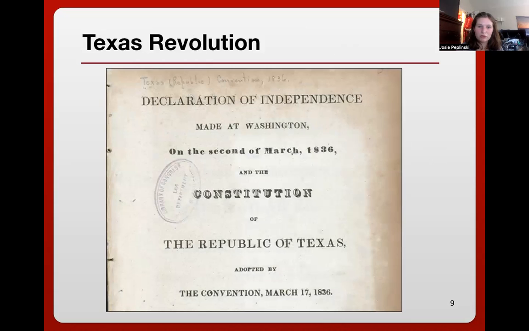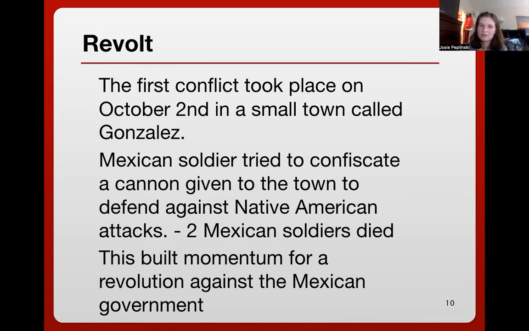The Texas Revolution. We see this Declaration of Independence made at Washington on the 2nd of March in 1836 and the Constitution of the Republic of Texas, adopted by the convention on March 17th, 1836. So Texas was trying to become an independent state.